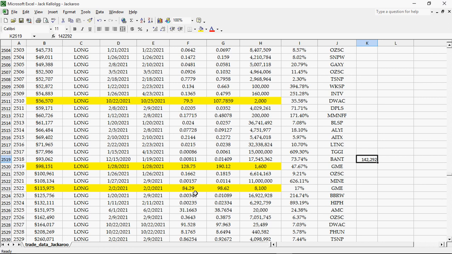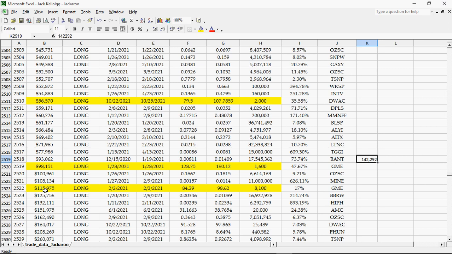This rose up about $10. This is why I'm teaching y'all to find stocks that rise up 50 cents or more, because you can keep a small position size and end up with a huge profit. That's the secret, guys. That's the secret.